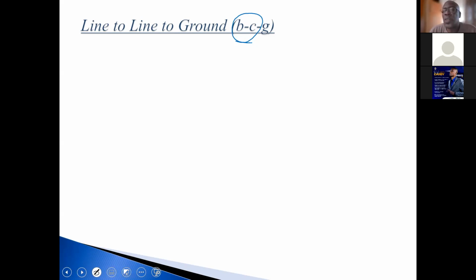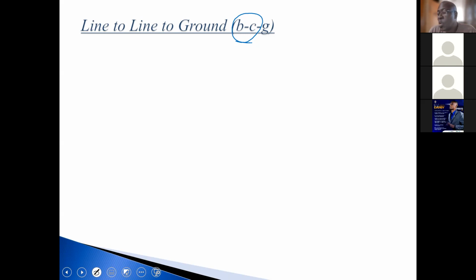So based on what we just looked at for the line to ground, Ms. Edwards, what do you think would be the boundary conditions here? Give me at least one. Edwards? Tell me what you think would be the boundary conditions.